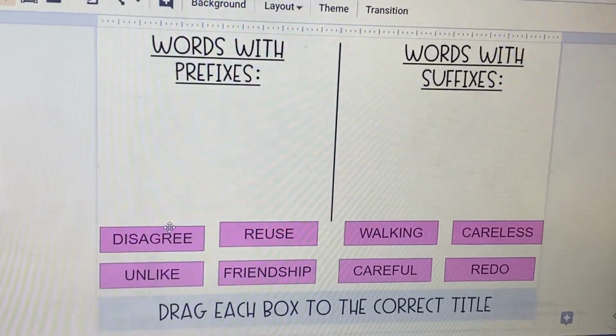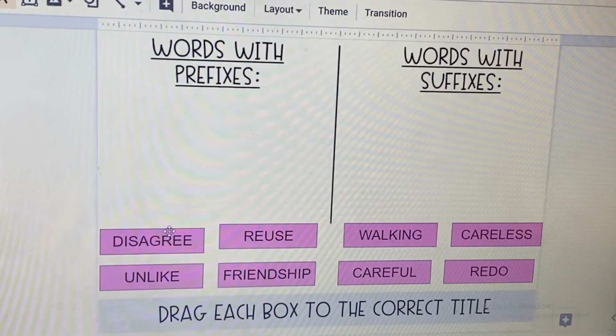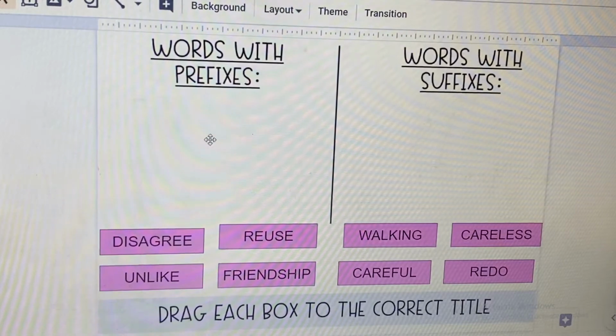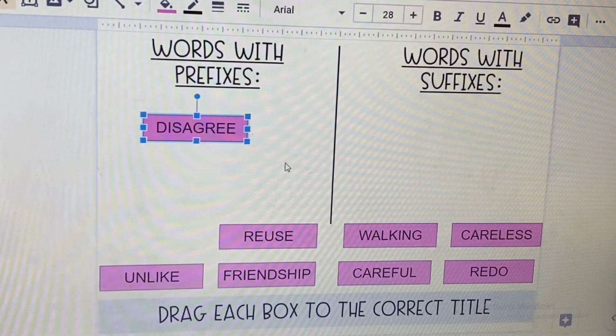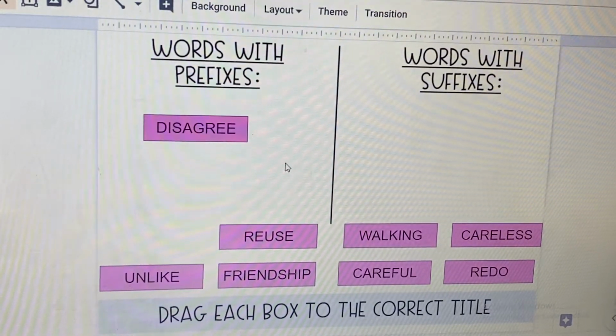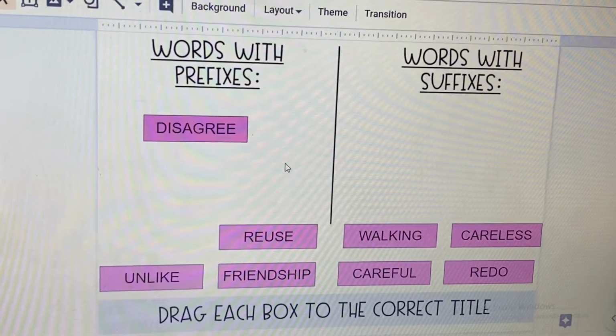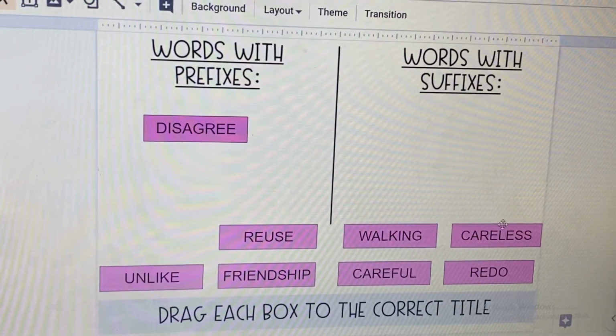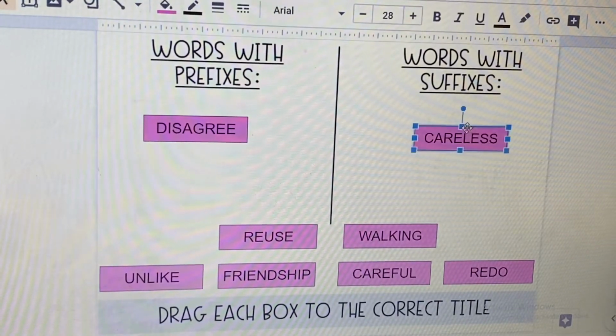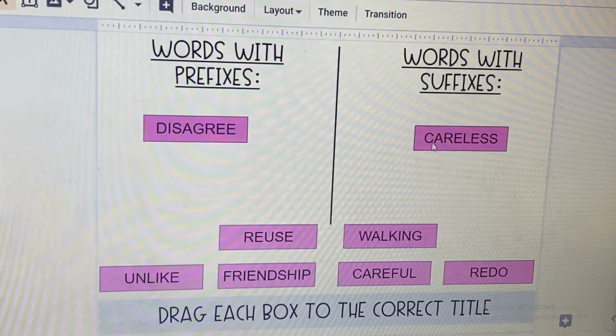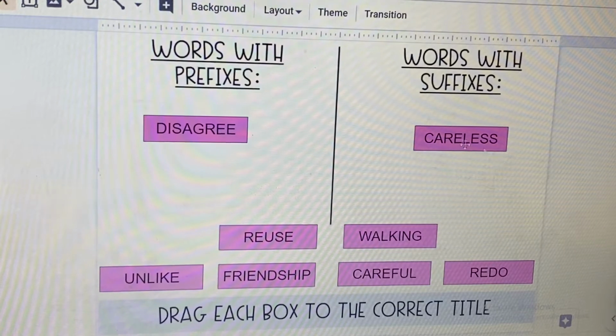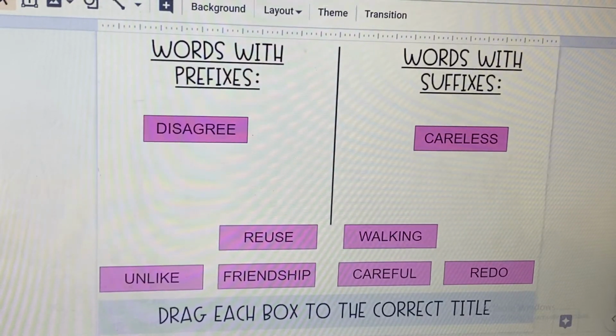Disagree is a word with a prefix. It means to not agree. A word with a suffix would be this word. Care is the root word. Less has been added to the back, so careless means without care.